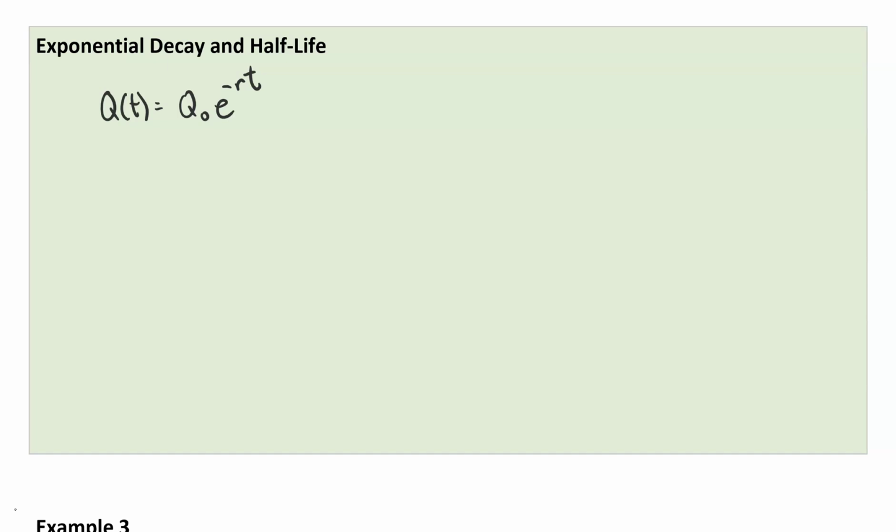When we talk about exponential decay, instead of referring to doubling time, we can talk about things in terms of half-life. So let's take a look at what half-life represents.